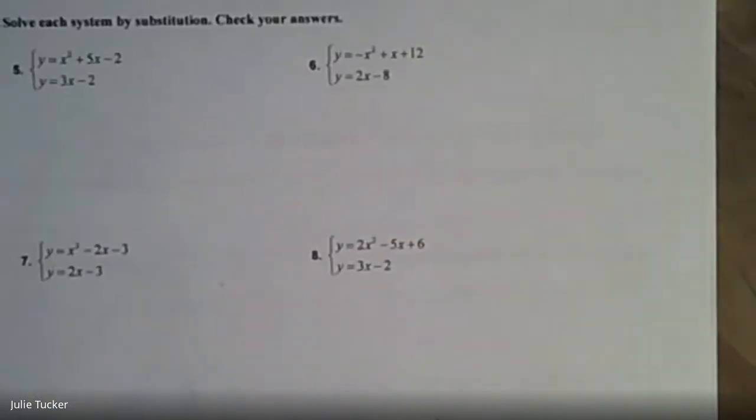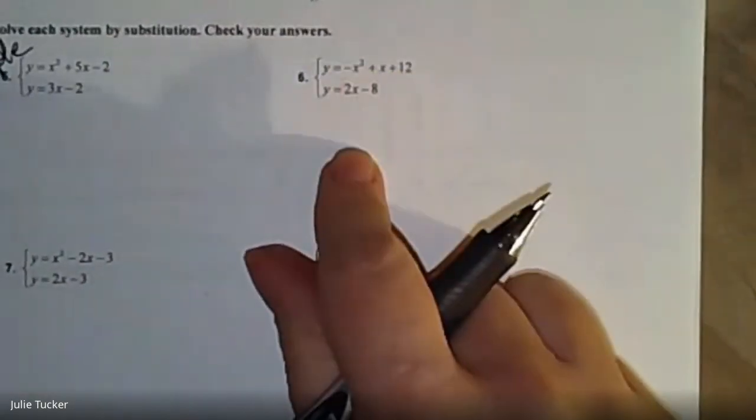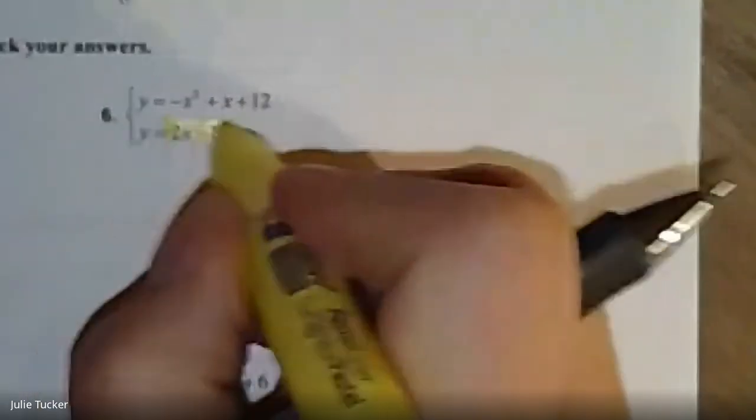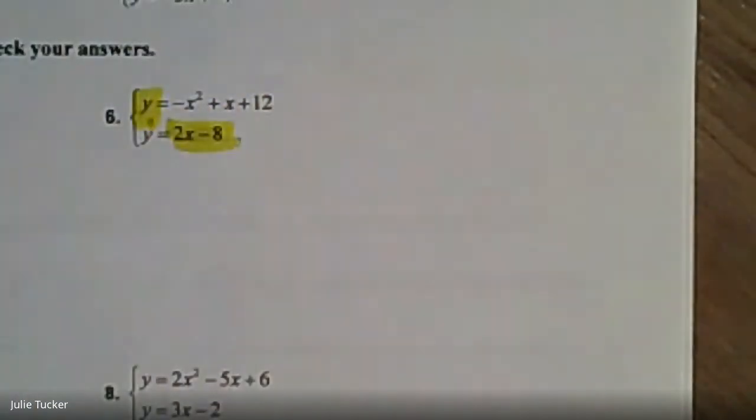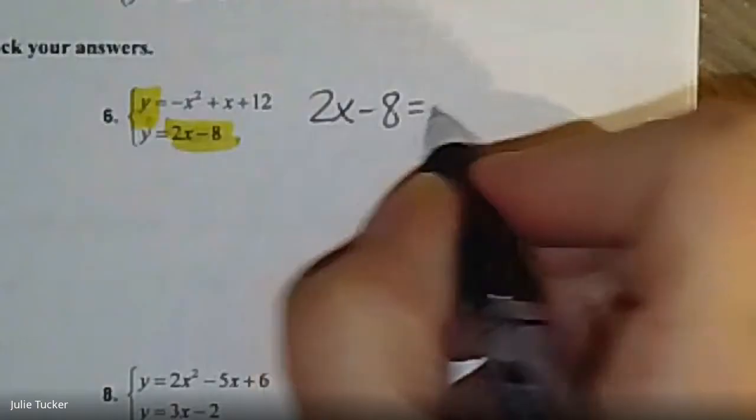All right, so here, let me write that on here so I don't make that mistake tomorrow. Okay, so we want to do this one then. So I'm going to zoom that back in. All right. So 2x minus 8 is going to replace y. That will be 2x minus 8 equals y.